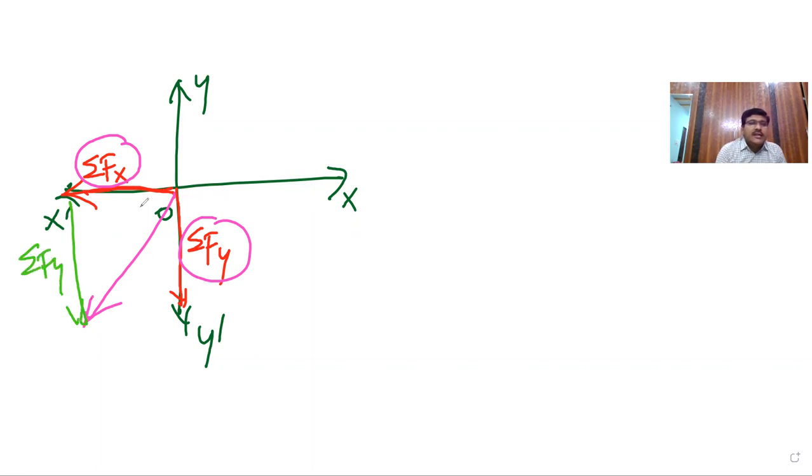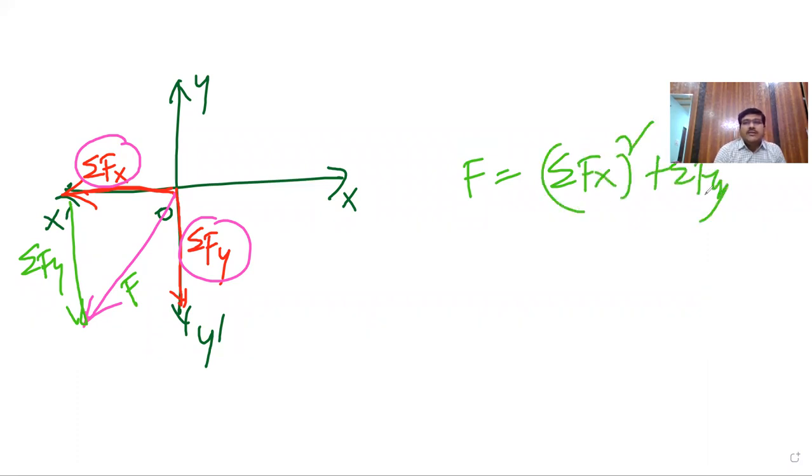So in this right angle triangle, the resultant is F, and F is equal to the square root of sigma Fx squared plus sigma Fy squared. And for the direction, be careful about the triangle and the quadrant along with the signs.